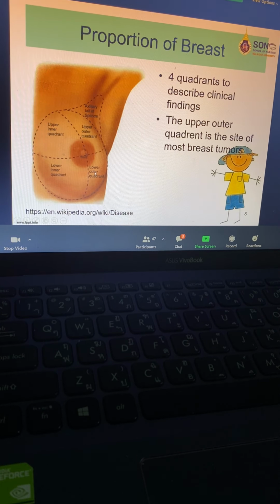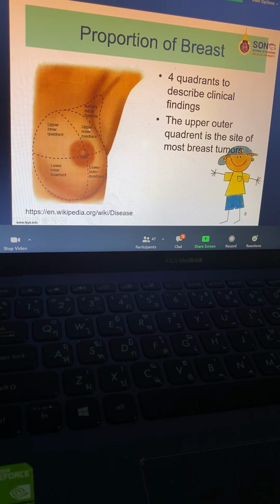That is tail of Spence, like a tail. That area is important because breast cancer can occur in this area.